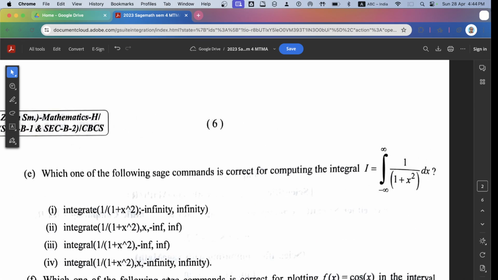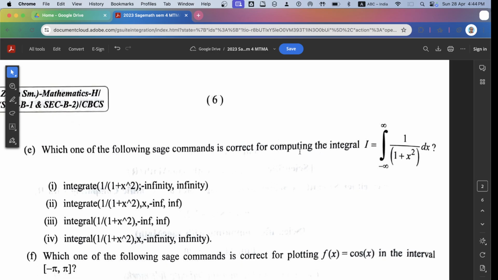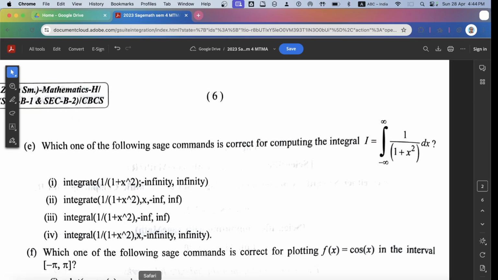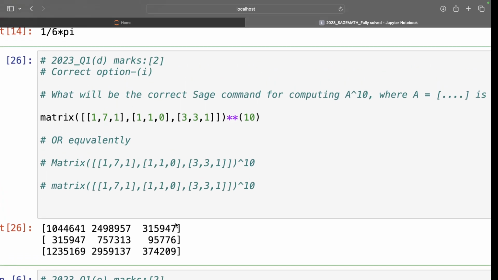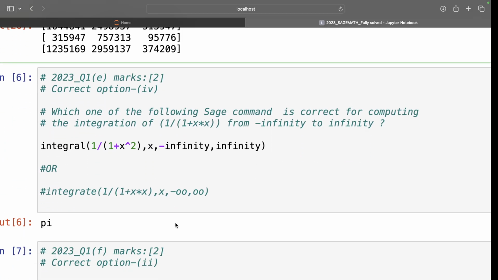Question E. Which one of the following Sage commands is correct for computing the integral from minus infinity to infinity of 1/(1 plus x squared) dx? Here the Sage code: integral, first bracket, 1/(1 plus x square) comma x, integration with respect to x, minus infinity comma infinity, this is the limit of x.